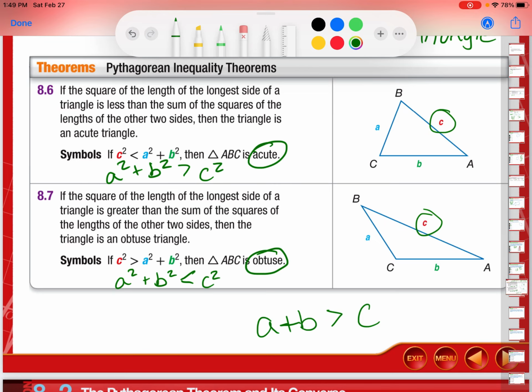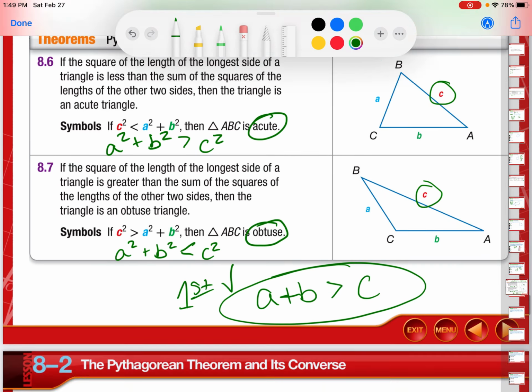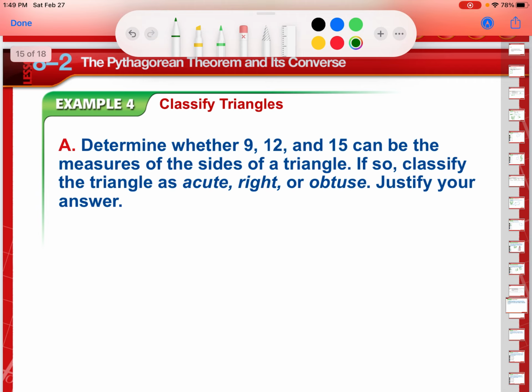If this is not true, then we do not have a triangle. If a plus b is not bigger than c, we do not have a triangle. The two smallest sides have to be bigger than the third side. So this should always be our first check.